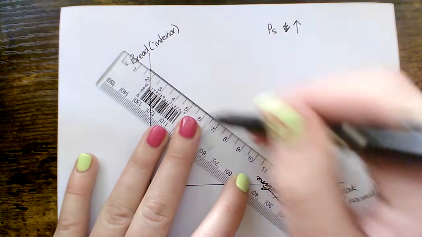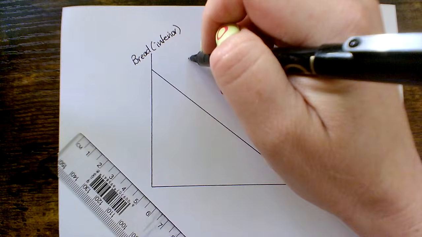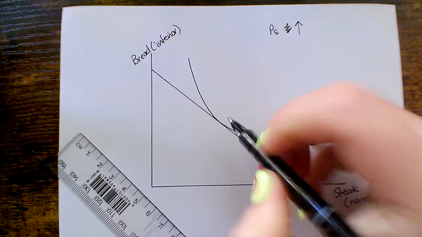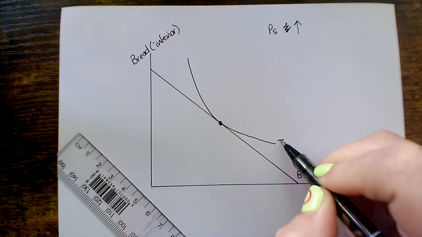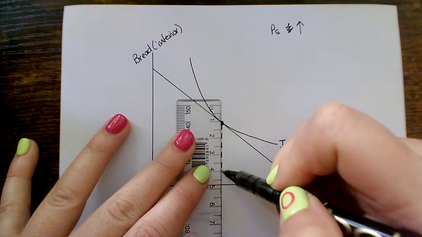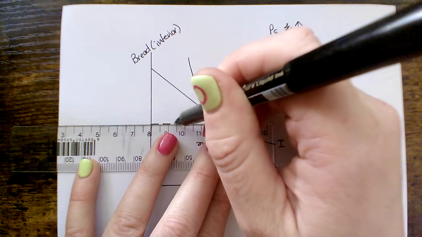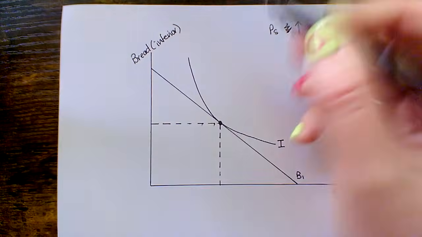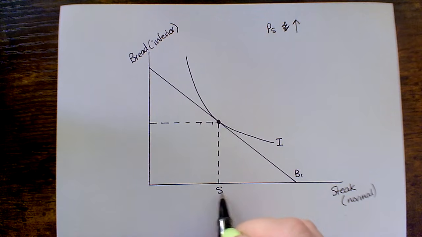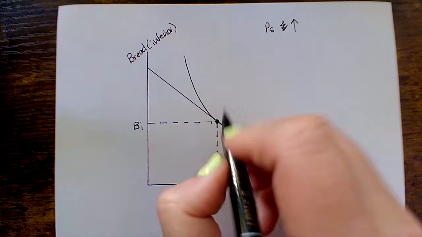So here is the original budget constraint, and we'll say that the consumer begins by consuming down here, so they're on the highest attainable indifference curve that they can reach given their current budget and the prices that they face. And so they consume so much steak and so much bread in initial equilibrium.